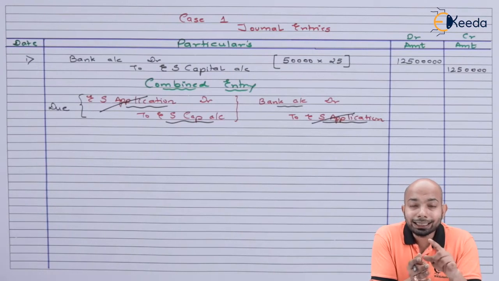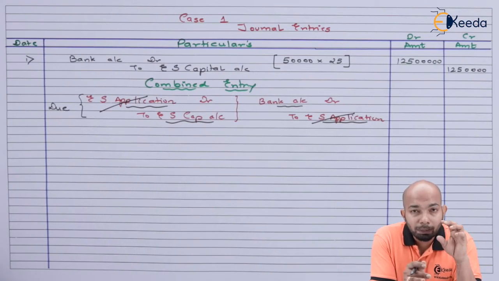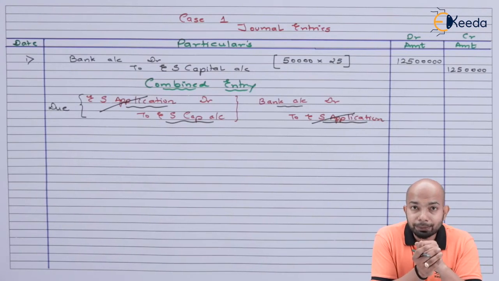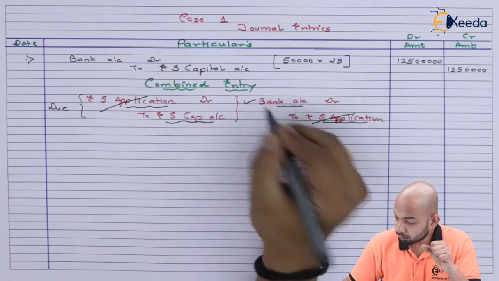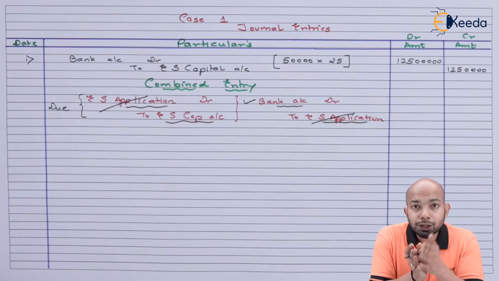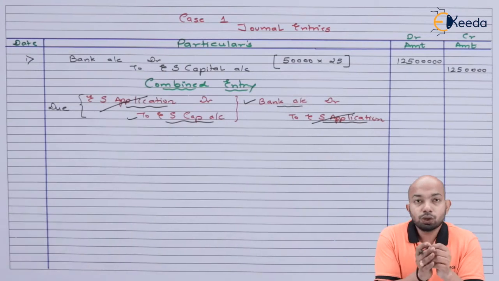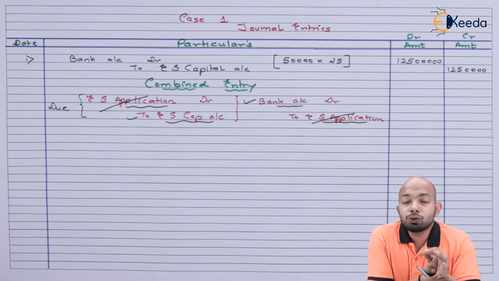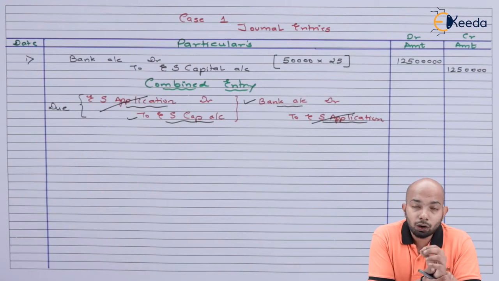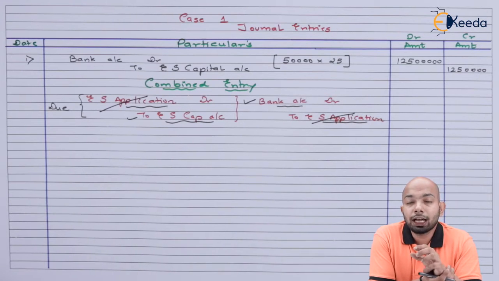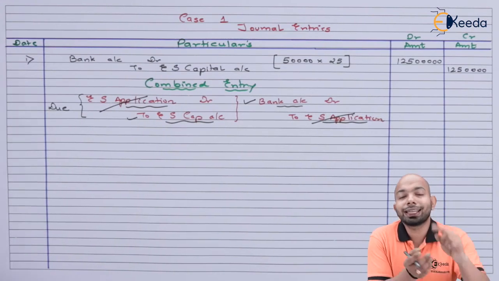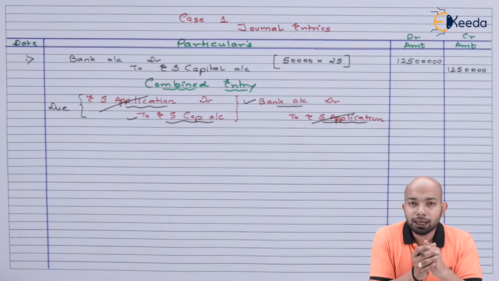So debit and credit nullify the effect. The balance that we have is bank debited and equity share capital credited here. So bank account debit to equity share capital account is the combined entry that we have passed up there.